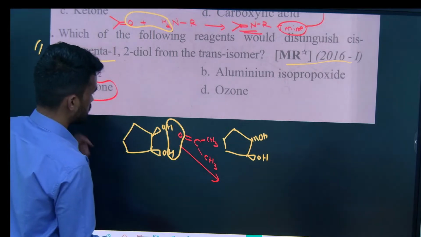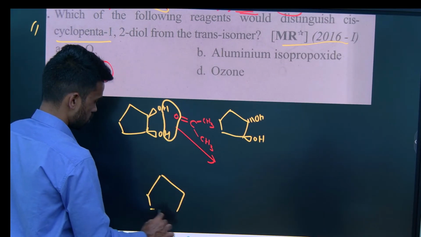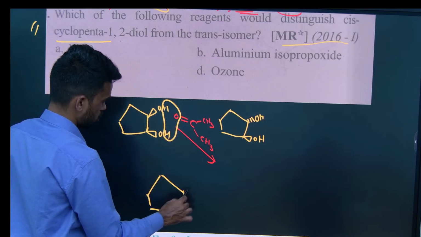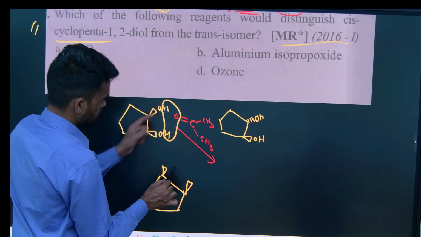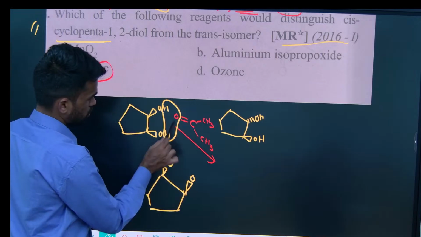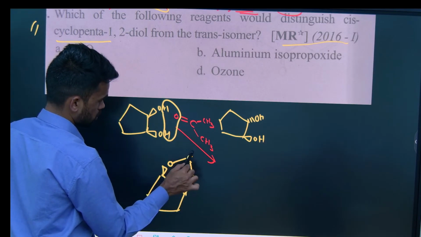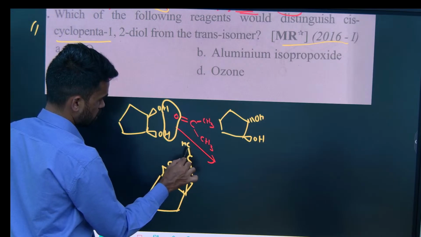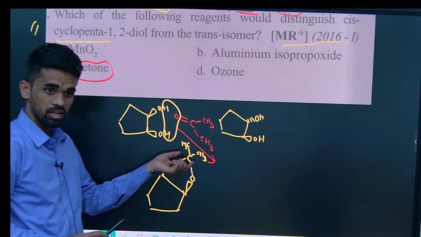Now what is the resulting species we will get? Like see oxygen, carbon, CH3, CH3, like this. Okay, so we got a ring again right now.